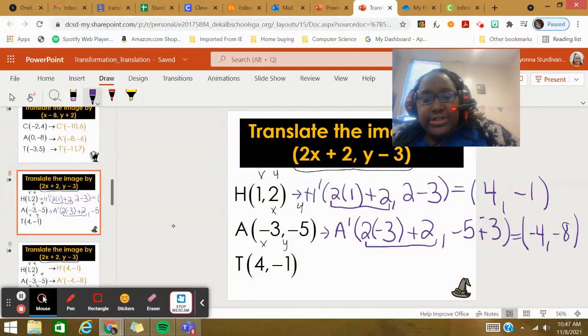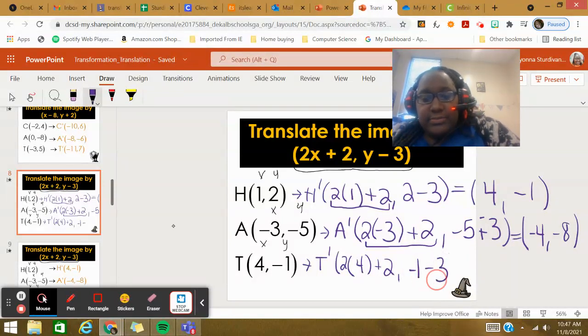And then finally, we're looking for T prime. So again, I'm substituting. So I'm doing 2 times 4 plus 2 for x, and then for y, I'm doing negative 1 minus 3.